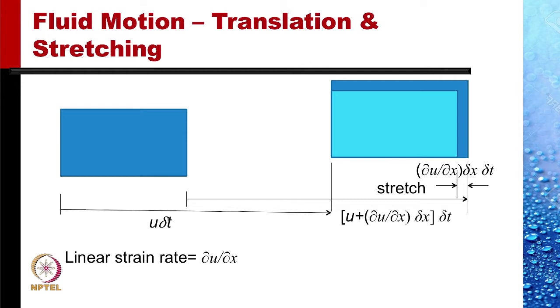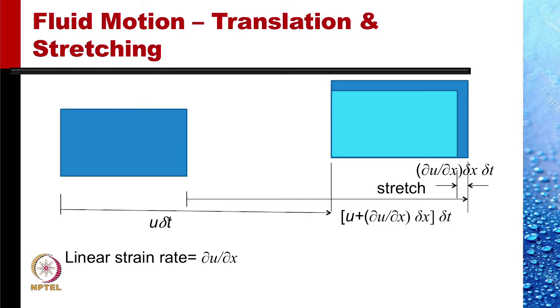This is the stretch introduced. So what is the strain introduced? Divided by delta x. And what is the rate of strain? Divide again by delta t. So delta u by delta x is the rate of strain in the x direction, the linear strain rate in the x direction.